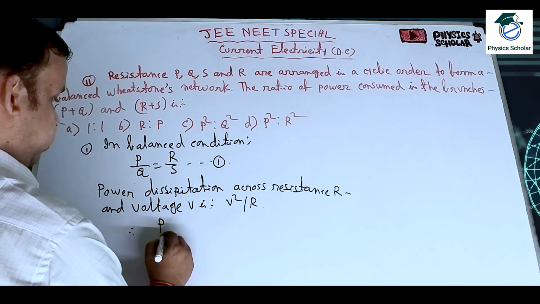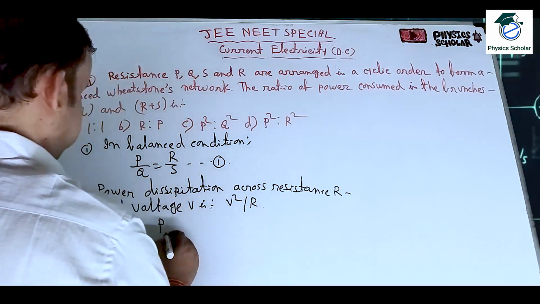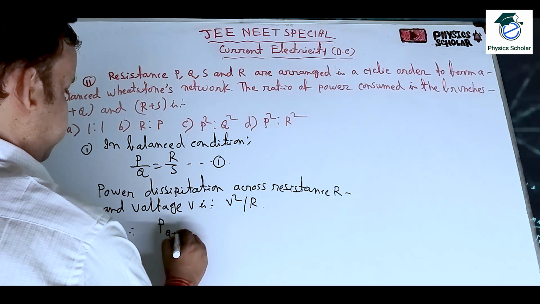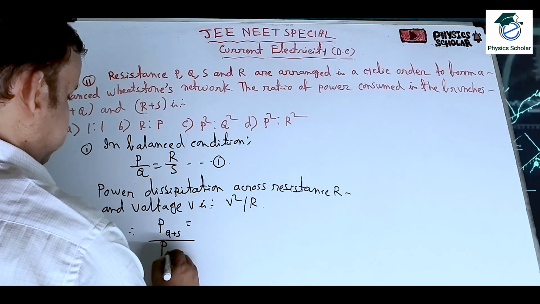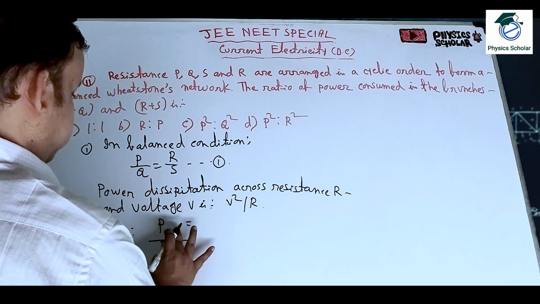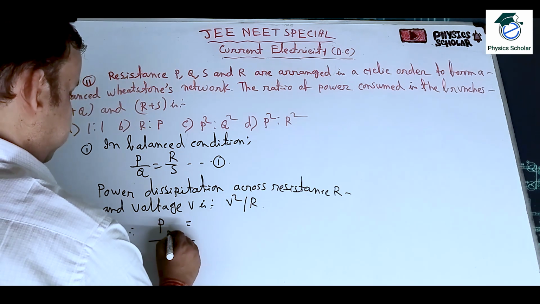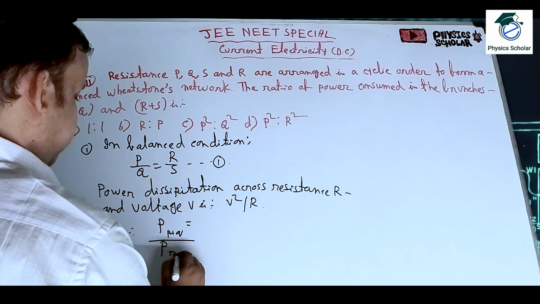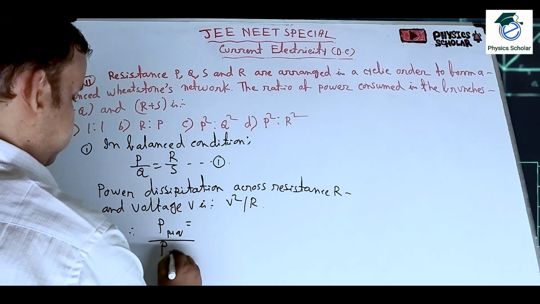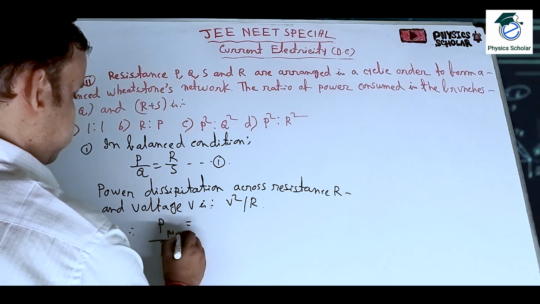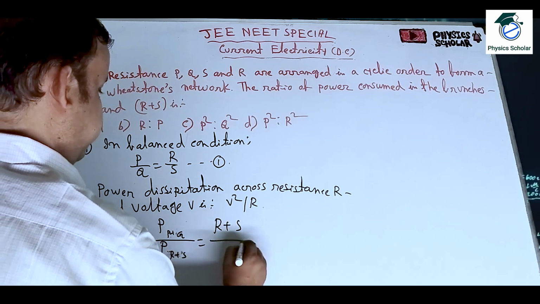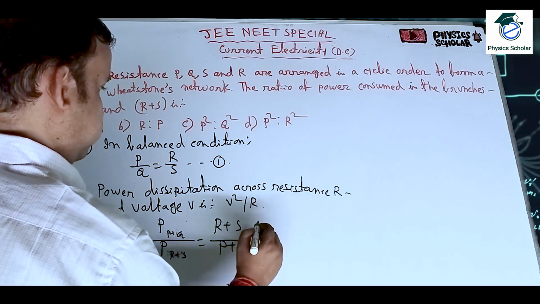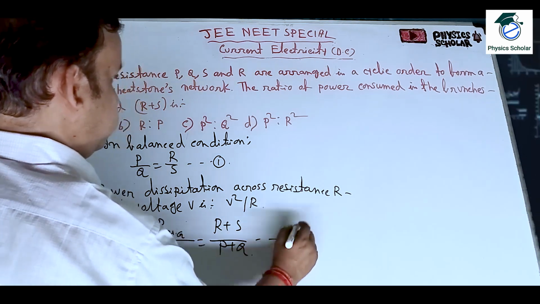So power dissipation P Q plus S divided by power dissipation P plus Q, P R plus S, is equal to R plus S by P plus Q. It is equation number 2.